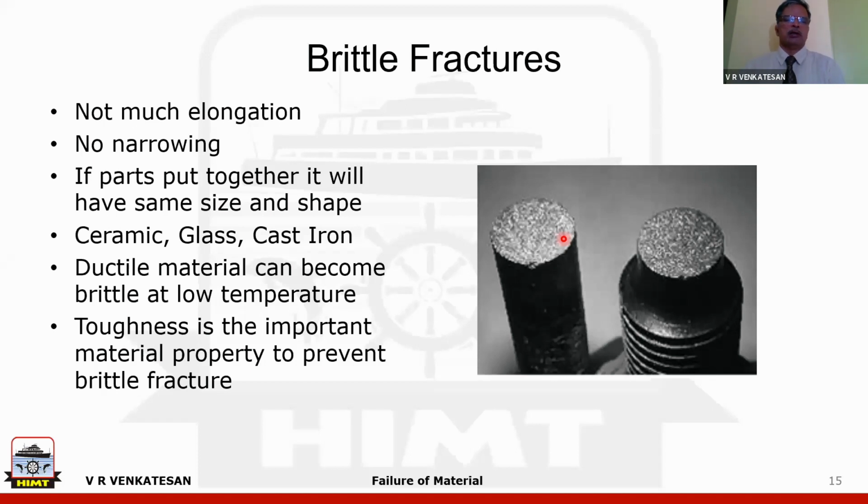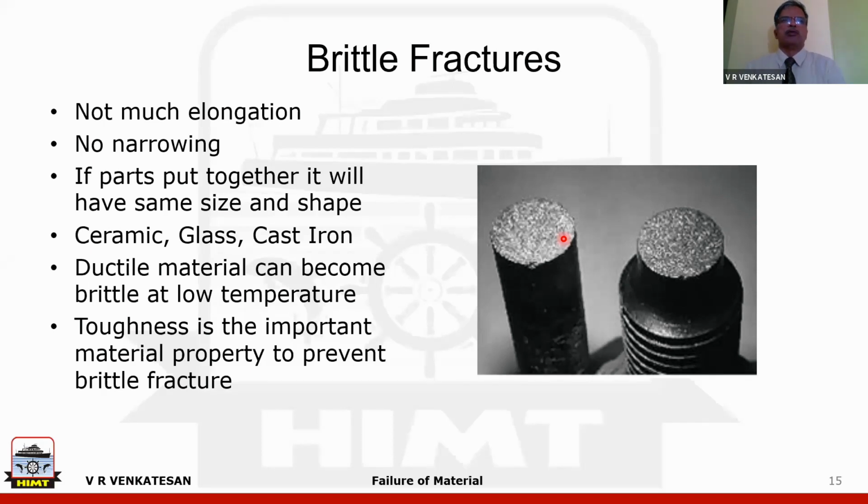So, in the case of brittle failure, or if you want to prevent brittle failure, then the most important principle is called toughness. Now, toughness is different from strength. Strength is measured by UTS or by Young's modulus. Toughness is measured by the amount of energy which is required to break a part.